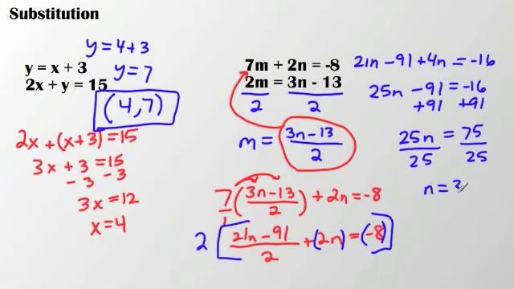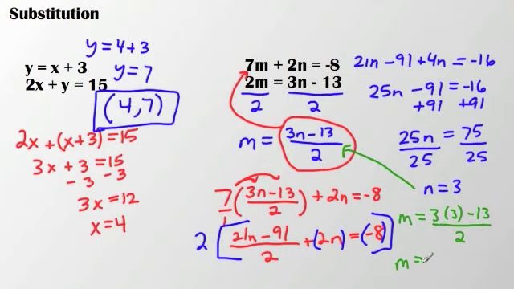N equals 3. Now I know that n equals 3. I can go ahead and plug it back into one of the original equations here to solve for m. But you know what? I could also take this n equals 3 and plug it into this equation since it's already set up in terms of solving for m. So I could say m equals 3 times 3 minus 13 all over 2.